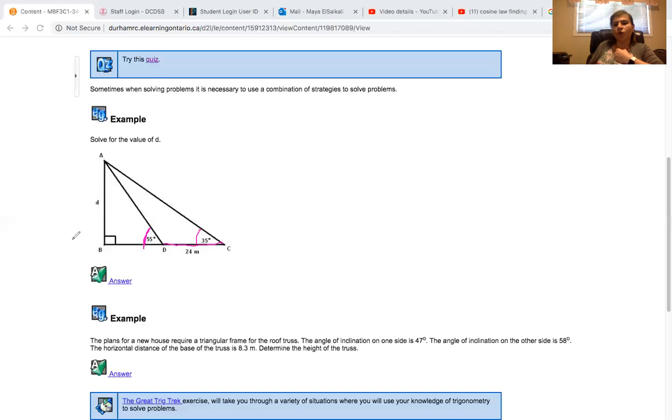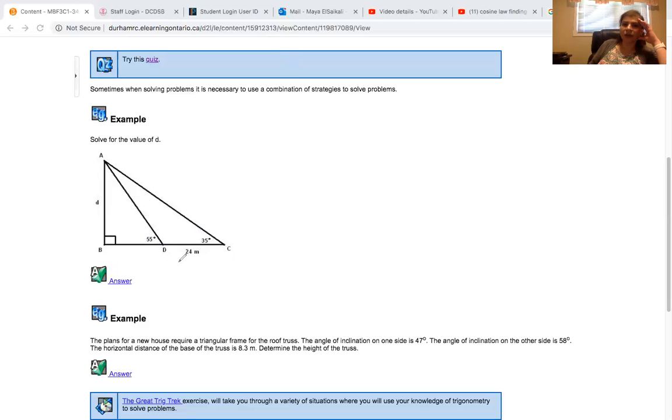I don't know the big side, which is BC. I don't know the whole thing. So again, I can't use that big triangle ABC. I can't use ABC, I can't use ABD, so I'm only left with ADC.